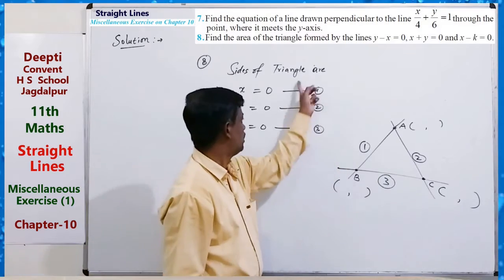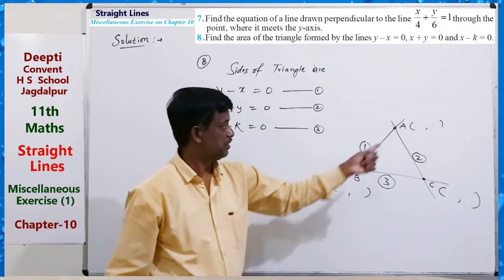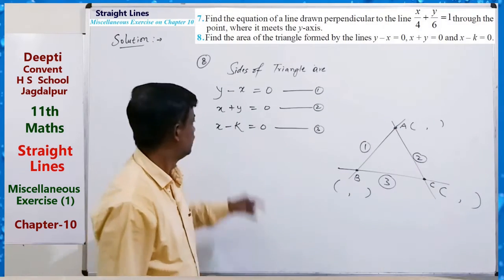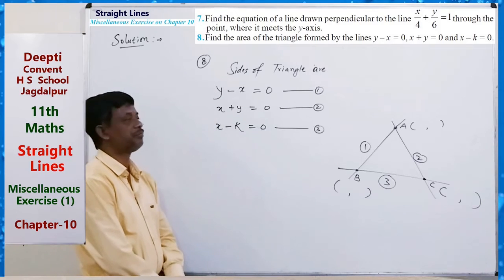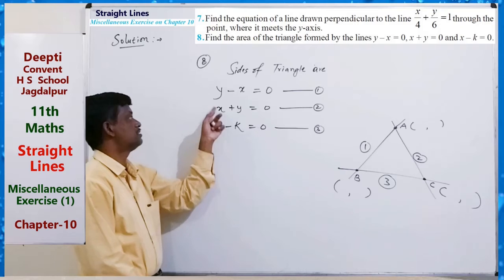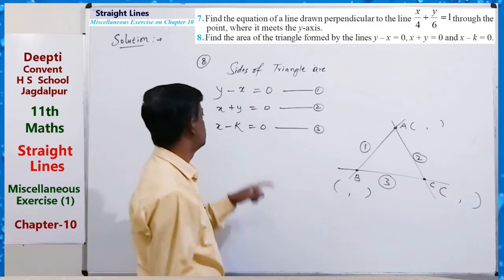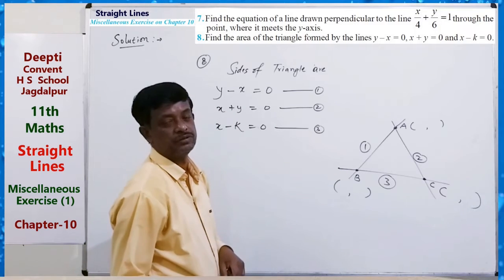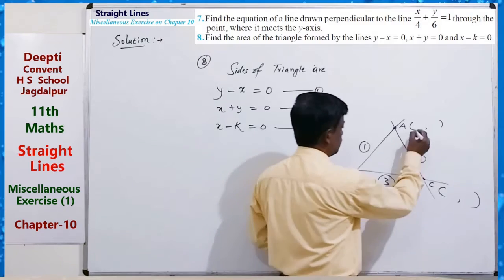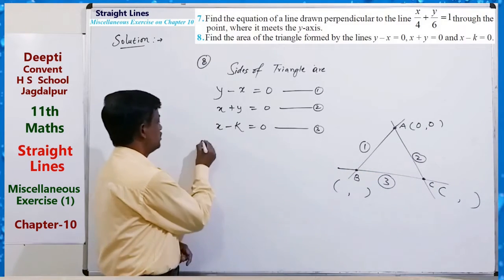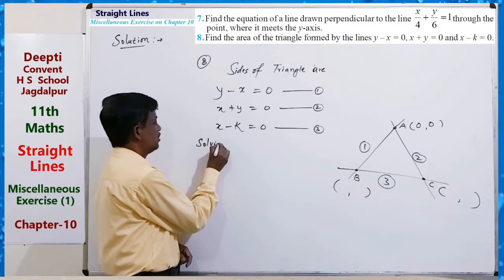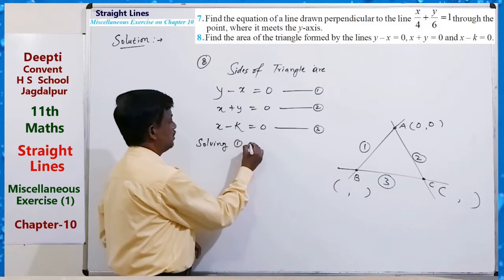By solving 1 and 2, we can get coordinate A. By solving these two, adding, we get x cancel, 2y equals to 0. That is y equals 0. That is the origin. Solving 1 and 2.